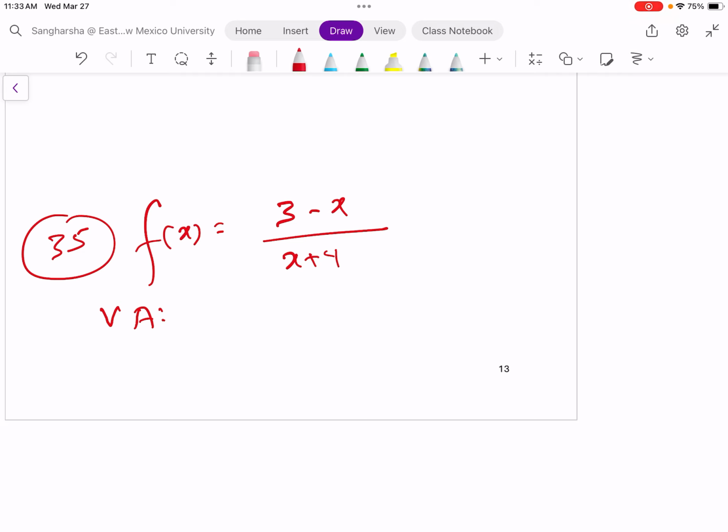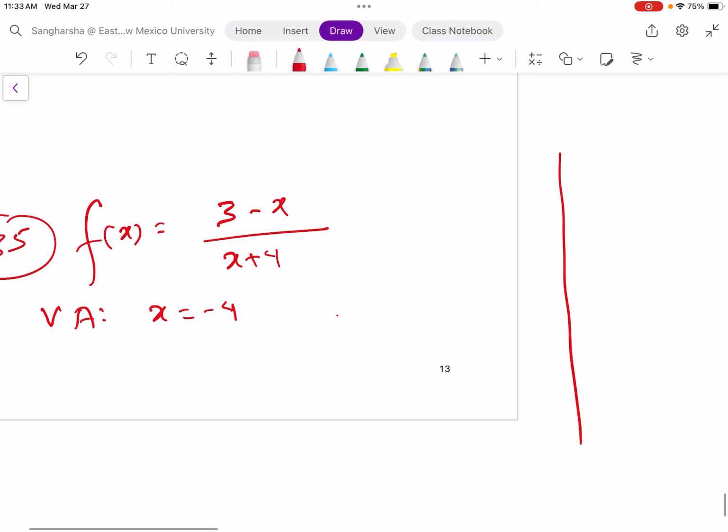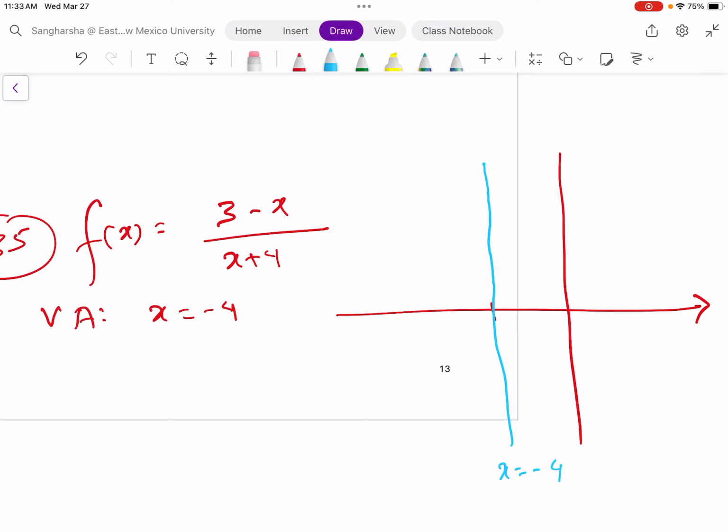That's not how we write the vertical asymptote. x equals -4. Do not forget x. If you write -4, you won't get the credit. x equals -4 is the vertical asymptote. So let's draw it. This is -4, so you draw the vertical asymptote here, x equals -4.